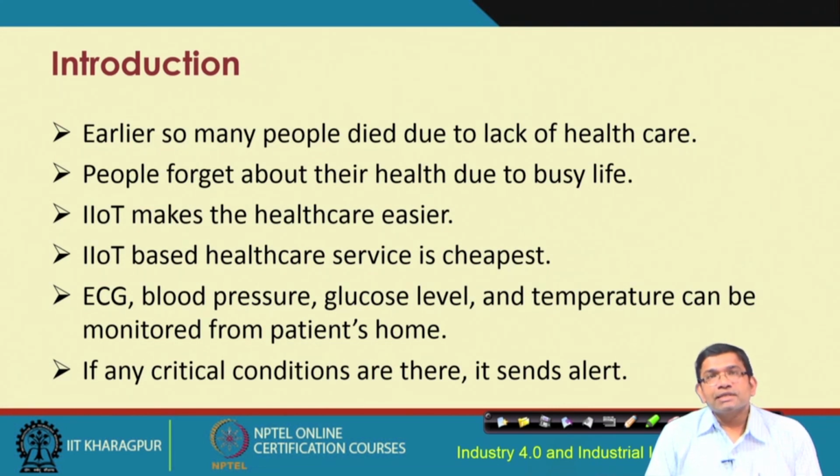These devices, these different sensors could be inter-networked, so that if any patient has a critical condition, different levels of alerts could be sent to the healthcare facilities or hospitals to which these patients are registered.